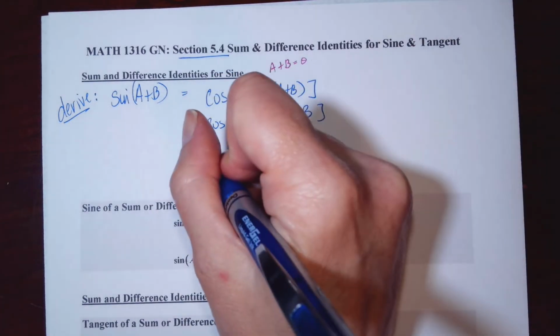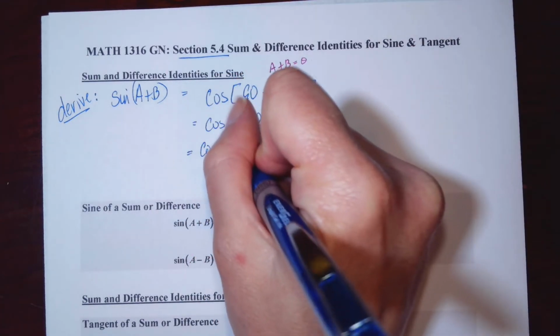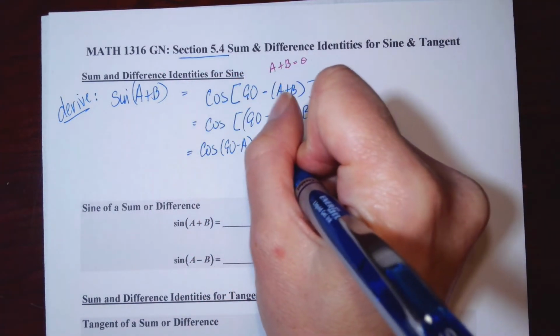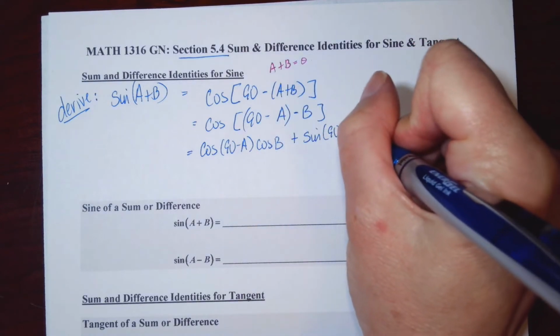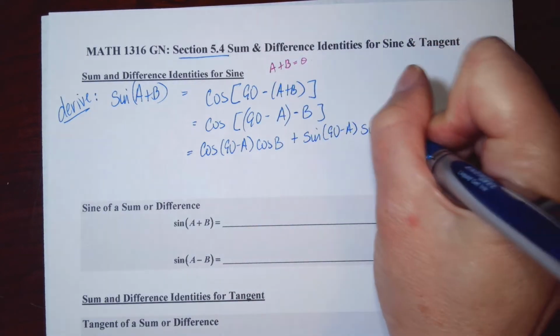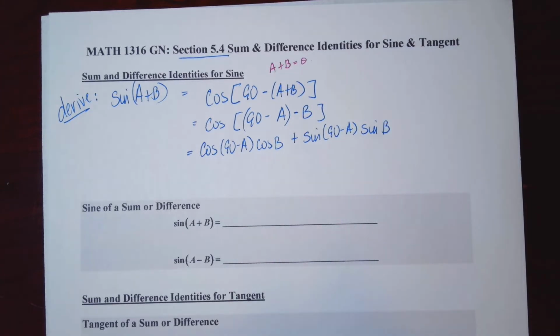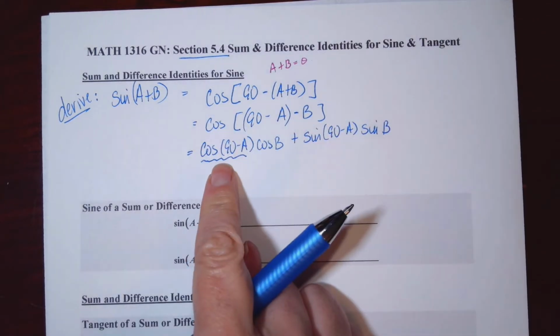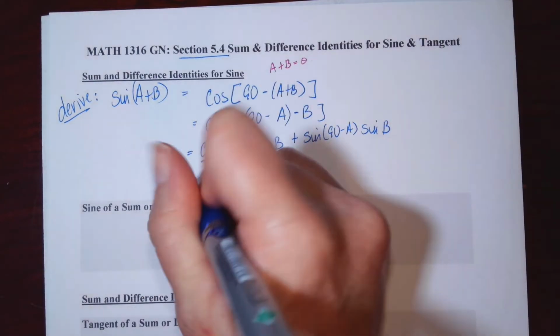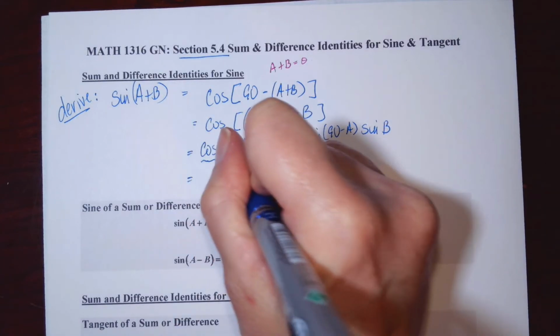Alright, cosine difference. Cosine of the first angle, cosine of the second, plus sine of the first angle, sine of the second. Well, now I can use my cofunction again. Cofunction of 90 minus a is the same thing as sine a.